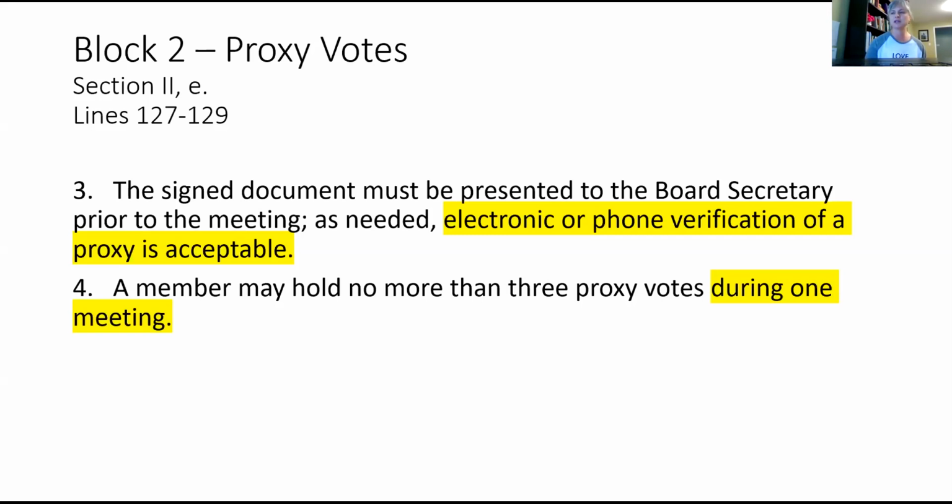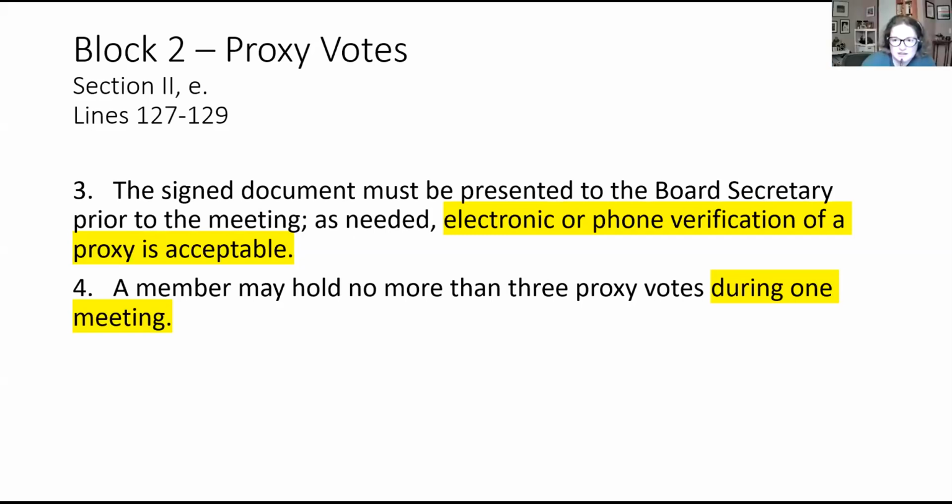The second item is that a member may hold no more than 3 proxy votes during one meeting. The yellow highlight shows what wording has been added. We wanted to make clear that if you have proxy votes this time, you could have them again next annual meeting as well. Let me ship that over to Mindy for any questions or comments.